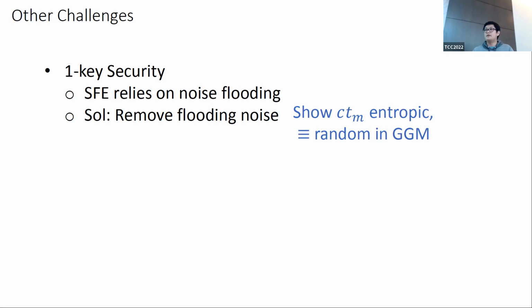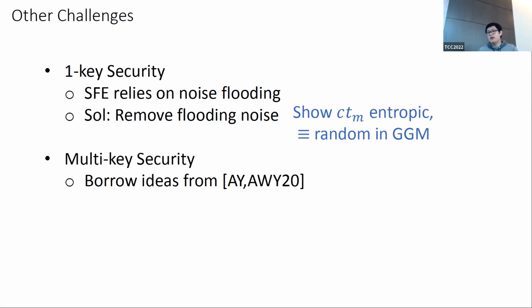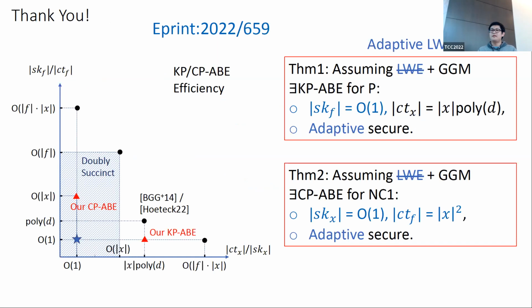Although not pseudo-random, this is already enough for security in GGM. And to obtain multi-key security, we borrow ideas from AY and AWY, which also rely on GGM. Further details you can find in our paper, which is on ePrint.